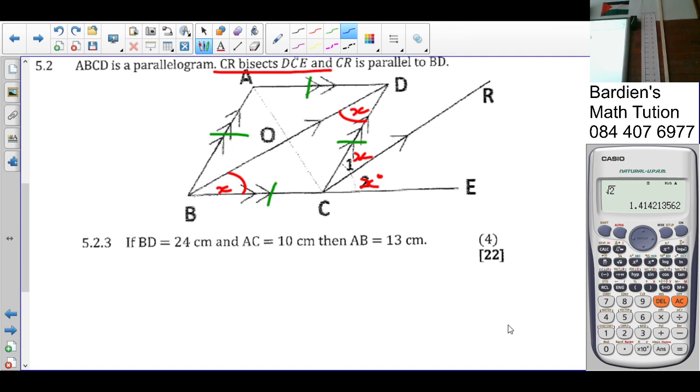BD is 24, and AC is 10, then AB is 30. Let me read again. I think it's a proof question.